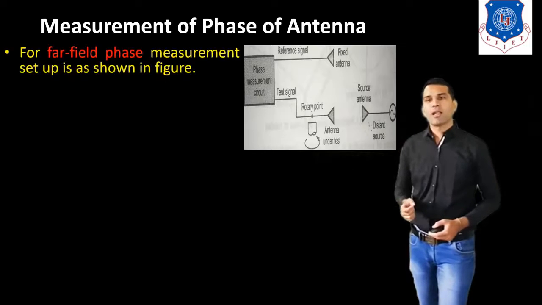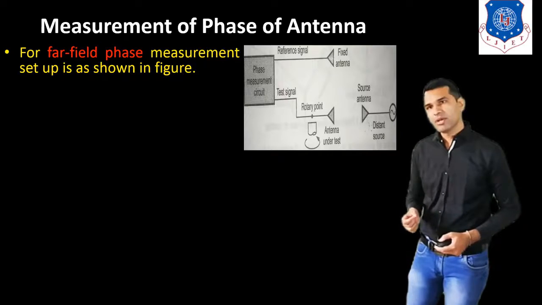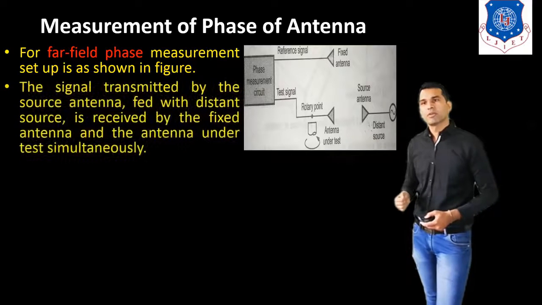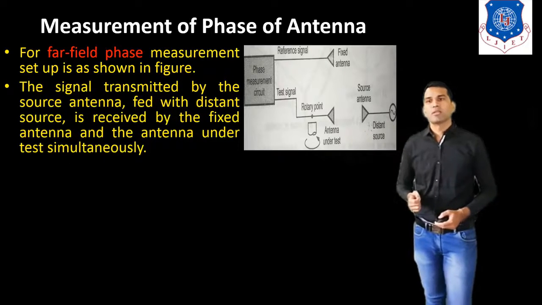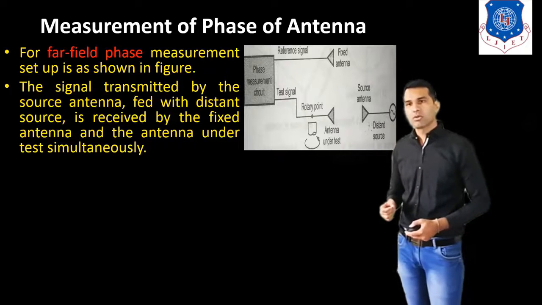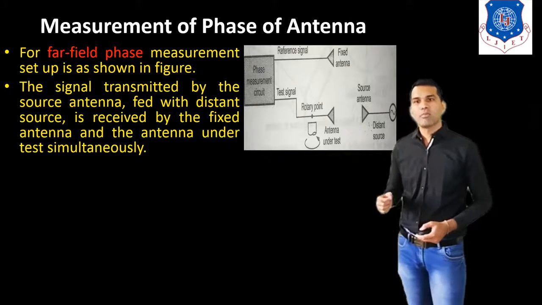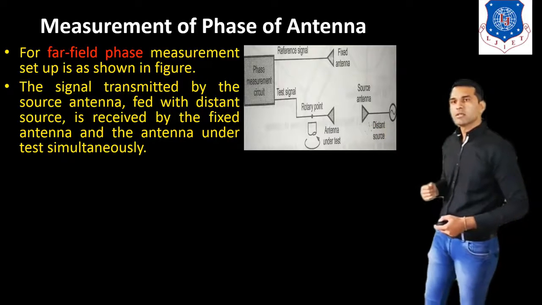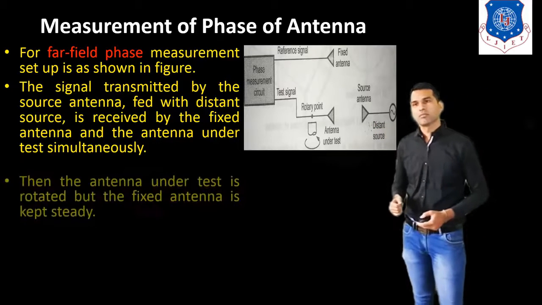And the far-field phase measurement setup is as shown in this figure. The signal transmitted by the source antenna, fed with the distant source, is received by the fixed antenna and the antenna under test simultaneously.